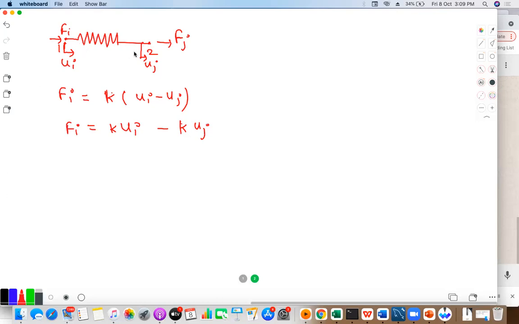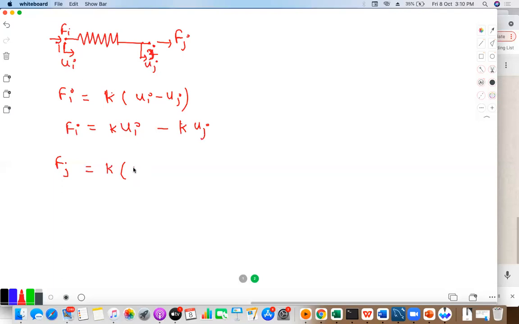Similarly, at this node 2, let me call these the i and j nodes instead of 1 and 2. So at the j node, I can write the force fj is equal to k into uj minus ui.